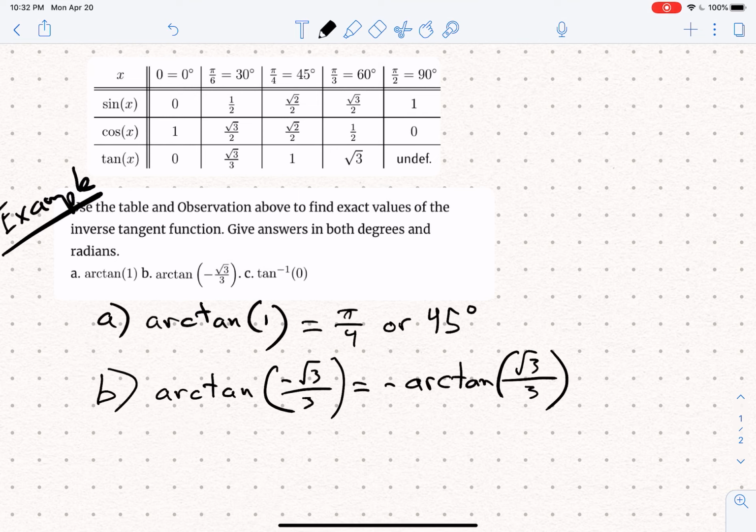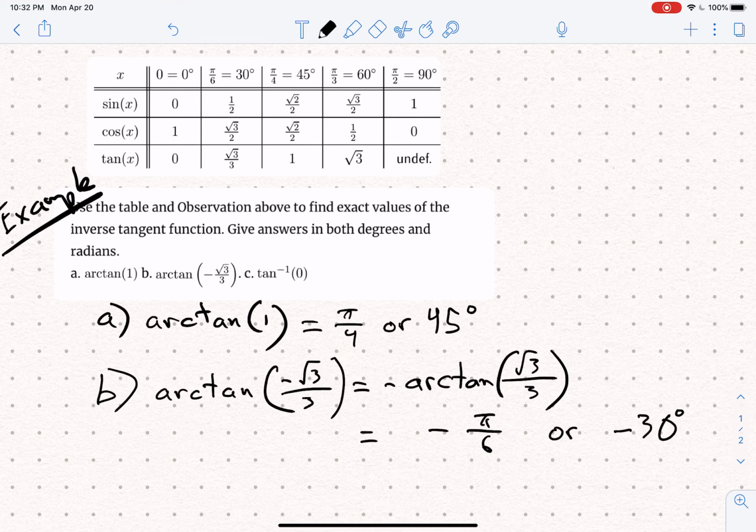We have a minus in front of the arctan. So the arctangent of radical 3 over 3 is equal to pi over 6, but since there's a minus in front, we put that minus there. Alternatively, if we're in degrees, it is going to be minus 30 degrees. Okay, that's our solution for part B.